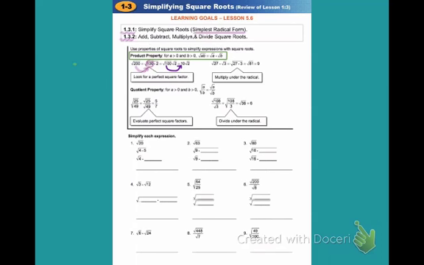Now the square root of 2 is as simple as I can get without trying to approximate it as a decimal, and since I want exact values, the simplest radical form, I can't really do anything more with that, and I just leave it as the square root of 2. So the square root of 200 is actually equivalent to 10 times the square root of 2. This would be called simplest radical form, or SRF.